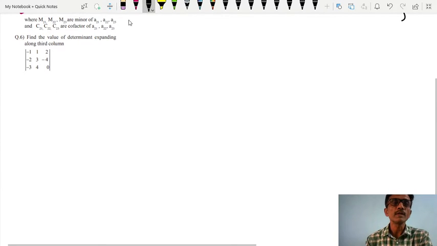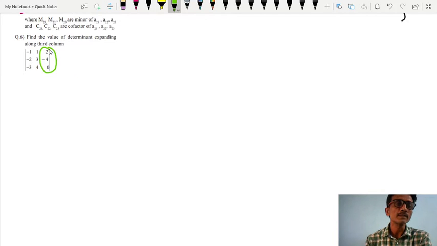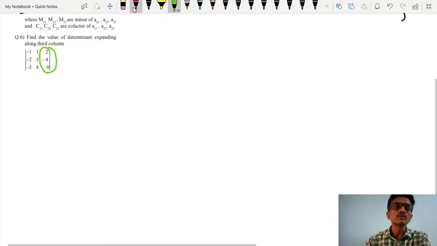So we have to expand this determinant along the third column. These are the elements of the third column. So how do we expand it? By the elements of a particular column. So we have to expand it by the elements of the third column.